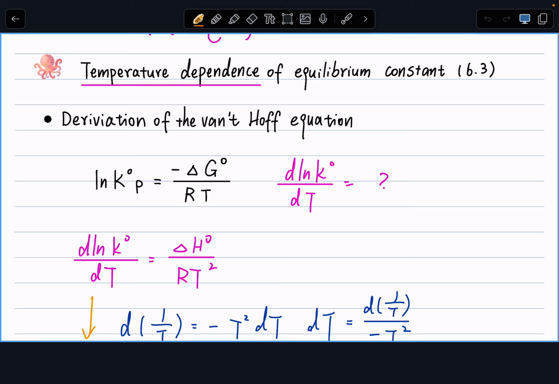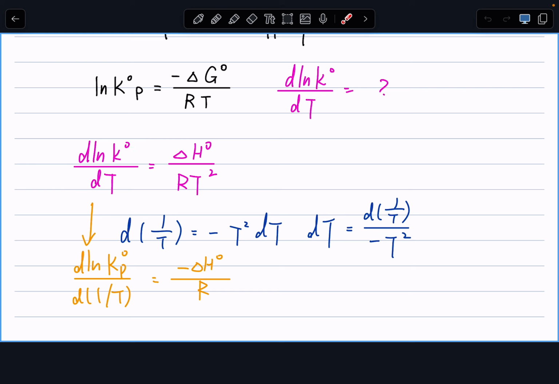And at the end of our last lecture, we spent time talking about the temperature dependence of the equilibrium constant. Or the other way to put it is we derived the Van 't Hoff's equation, the relationship of the change of your equilibrium constant, d ln K naught over dT, equals delta H naught over RT squared. The full derivation is in the annotated notes or in our lecture walkthrough.